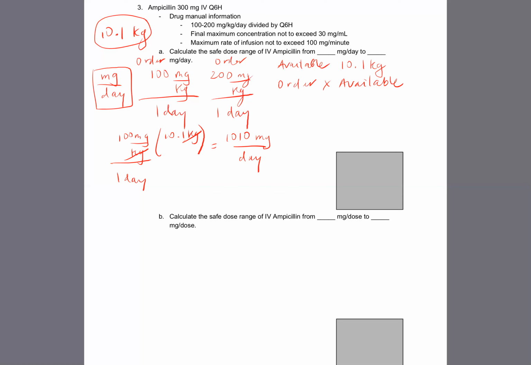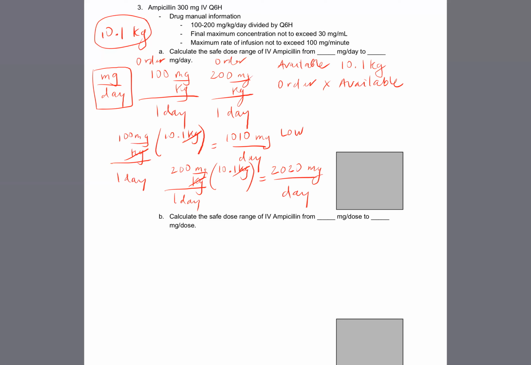And that's our low range. And then for our 200 milligrams per kilogram over 1 day, we have 10.1 kilograms. Kilograms is going to cancel, and you're left with 200 times 10.1 is 2020 milligrams per day.